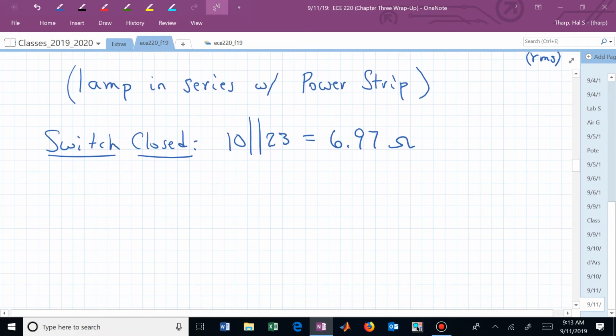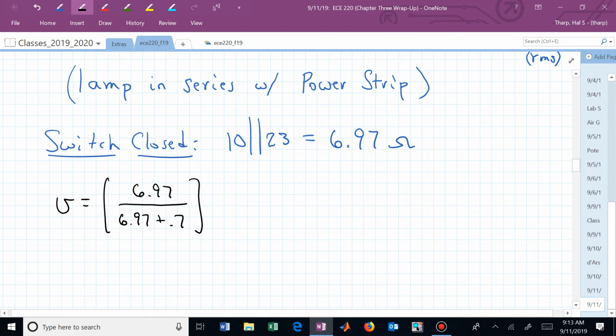We can find V. What's the formula for V? Is that what I heard? So this is now V with our new R2 hat, or our R2 equivalent.